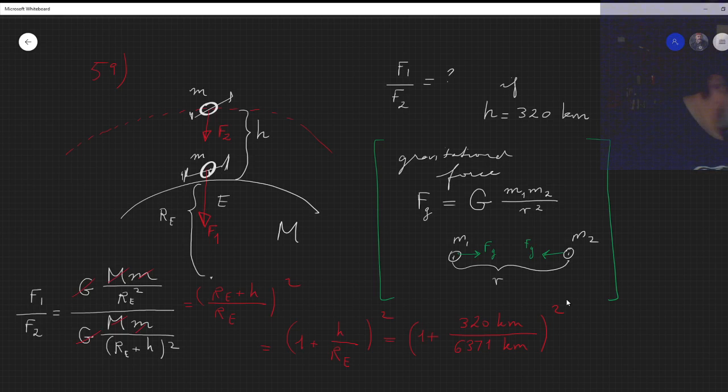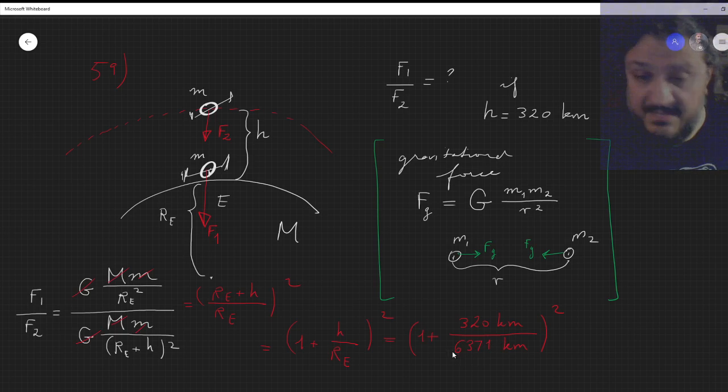Okay, so maybe some chapter here. Okay, Earth's radius is 6.37 times 10 to the 6 meters. It says 6.37. Okay, I think I was right.